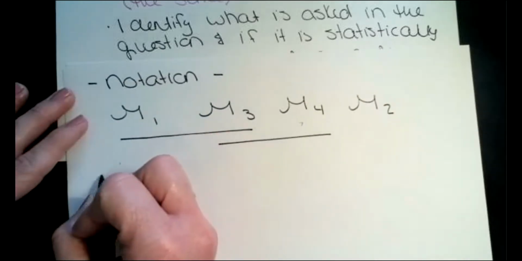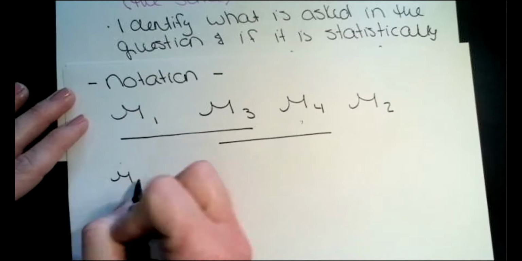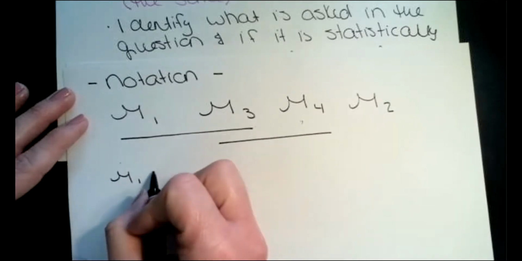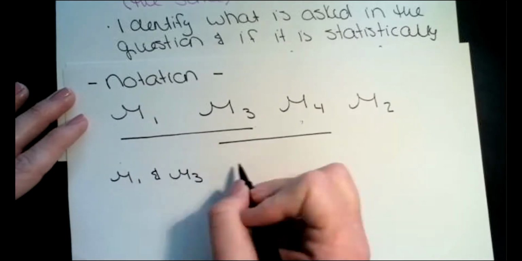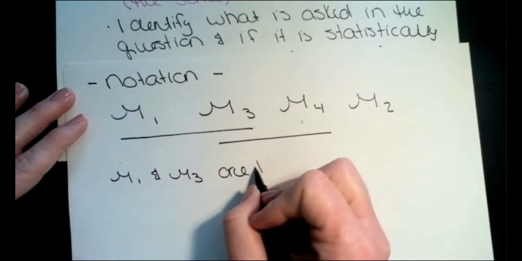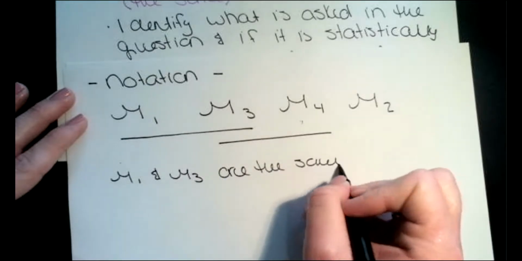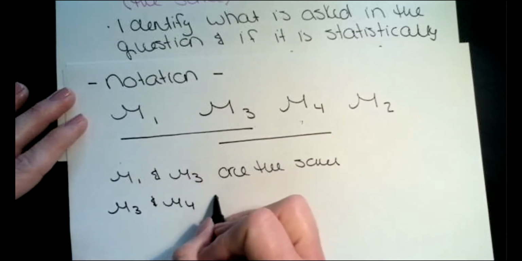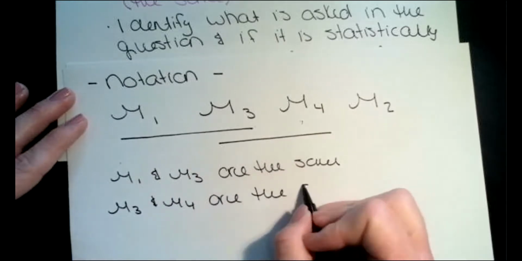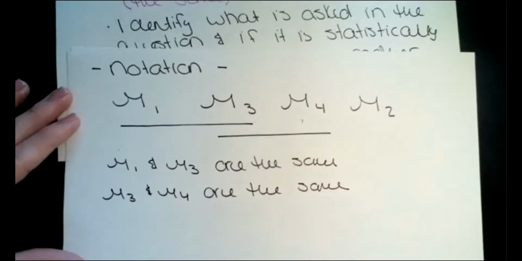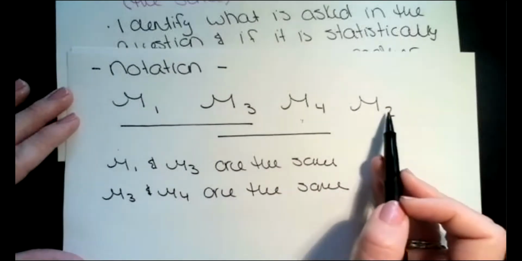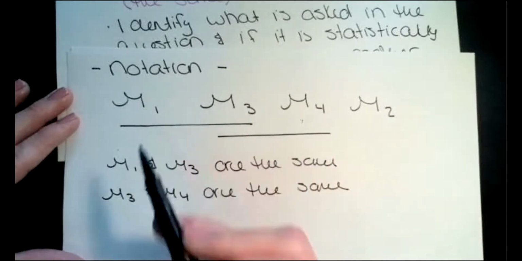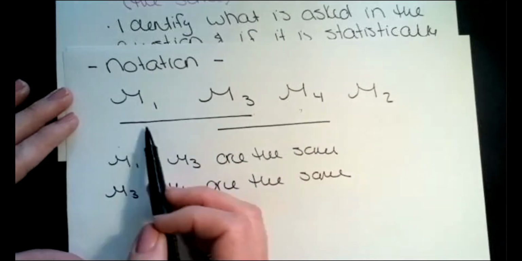So let me just write this here. mu 1 and mu 3 are the same. That's what we're saying here. And mu 3 and mu 4 are the same. Those are the only ones that are the same. Everything else is different. So 2 is different from 4, 3, and 1. 4 is different from 1.